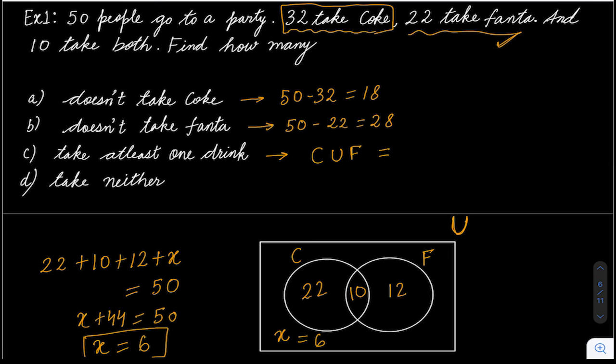And we know union means everything that is in the area of the circles. So 22 plus 10 plus 12, which is nothing but 44. And we have to find how many take neither. Okay, so there are 6 people that are not inside these two sets. So the answer for our D part is 6.